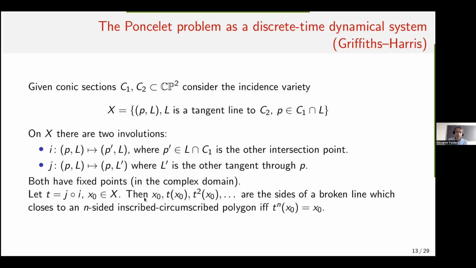And now, what is our dynamical system? The map of the dynamical system is a composition of these two involutions.